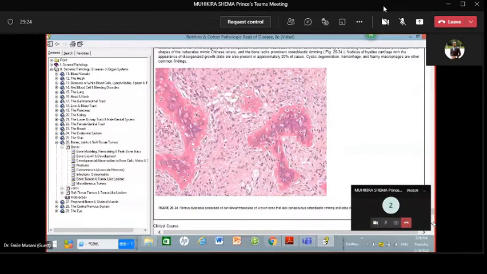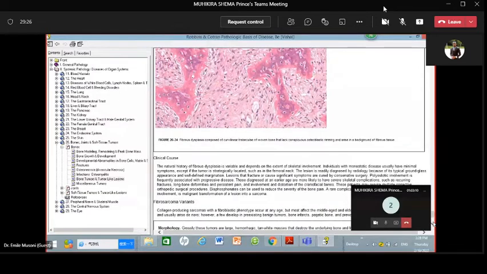This is a fibrous dysplasia composed of curvilinear trabeculae of woven bone that lacks conspicuous osteoblastic rimming, arising in a background of fibrous tissue.